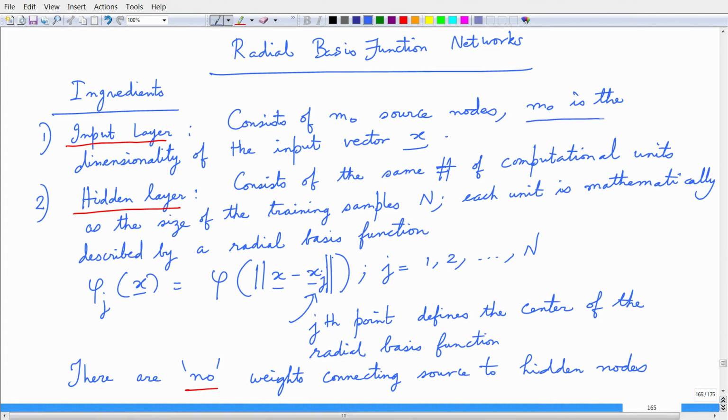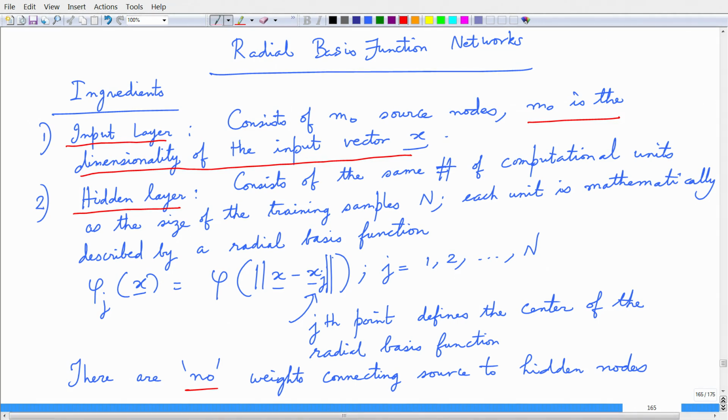M naught is the dimensionality of the input vector x, and the hidden layer consists of the same number of computational units as the size of the training samples.